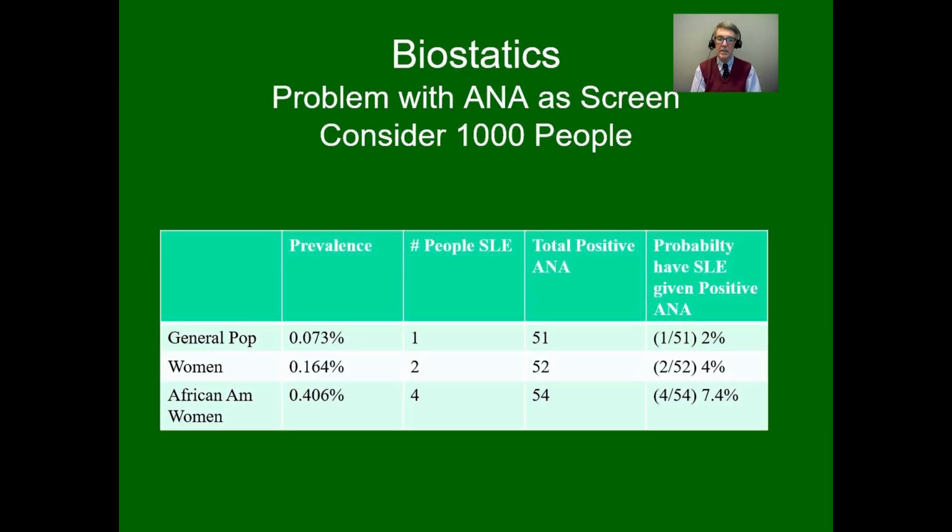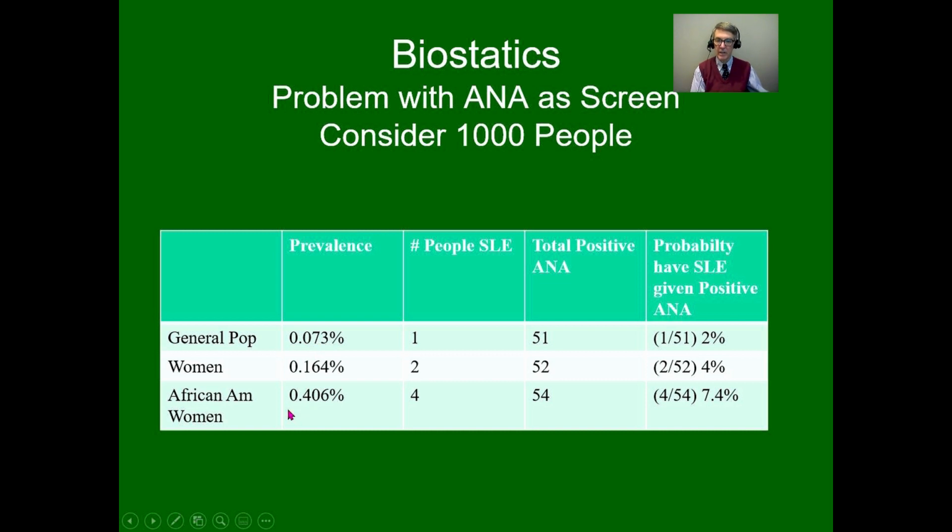Now, using data we discussed, and I mentioned this briefly when we were talking about the genetics and the risk factors for lupus, we talked about the prevalence of lupus in the general population. So in the general population it's about 0.073%. In women it jumps to 0.164%, about twice that.